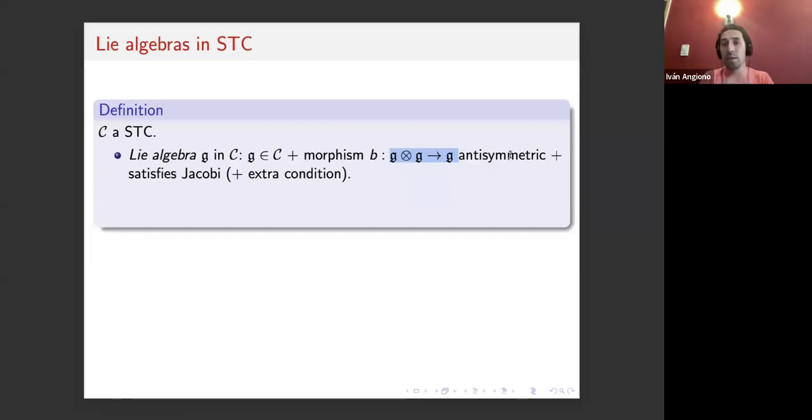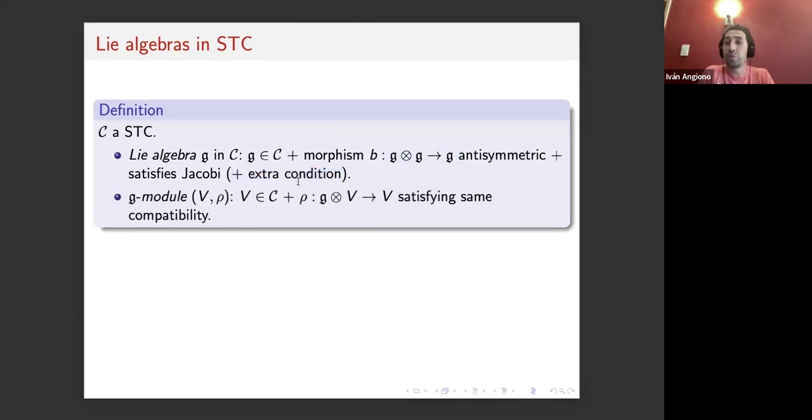It means that as far as you compose with the symmetry that you have, it is minus the symmetry. And you have the Jacobi identity, plus some extra condition, because essentially this is the definition of what Etingof called operadic Lie algebra. And you need an extra condition to have a real Lie algebra, but I'm not going to say anything about that part.